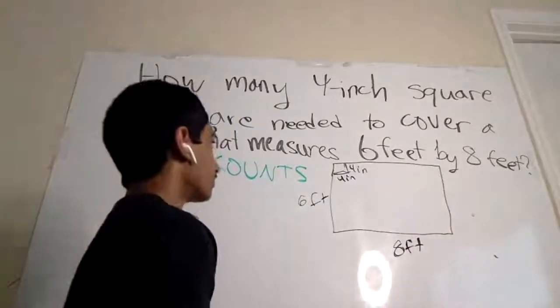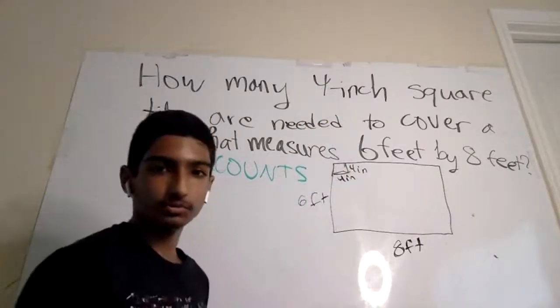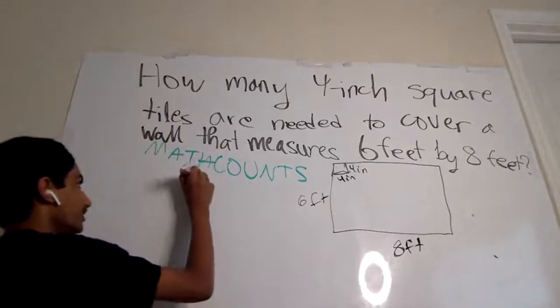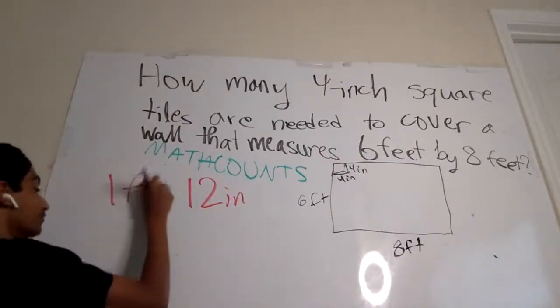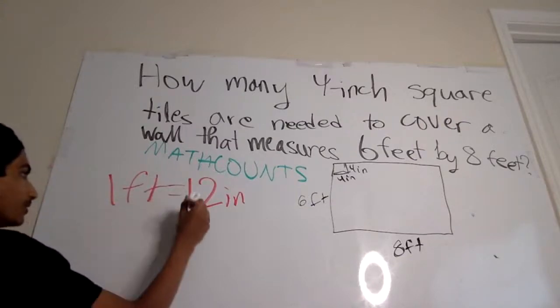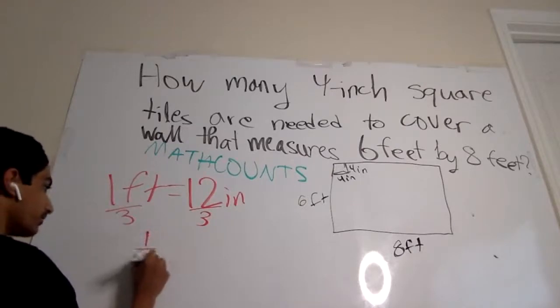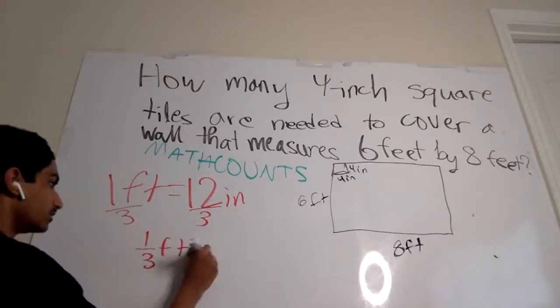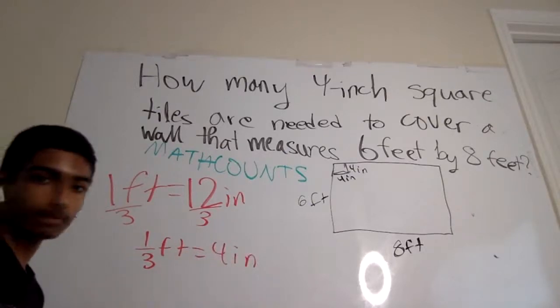In this case, what we do with the wall is we want to convert 4 inches to feet. In case you didn't know, 12 inches is 1 foot. And if we divide both sides by 3, we end up getting a third of a foot is equal to 4 inches. And that's really what we need in this problem.